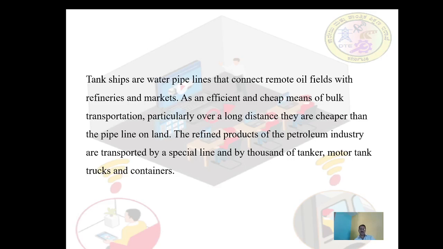They are an efficient and cheap means of bulk transportation of petroleum and its products, particularly over a long distance. They are cheaper than the pipeline on land. The refined products of the petroleum industry are transported by special lines and by thousands of tank cars, motor tanks, trucks and containers.